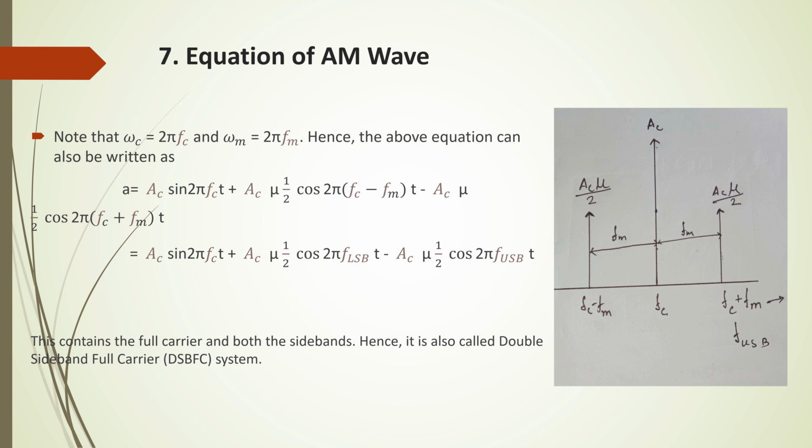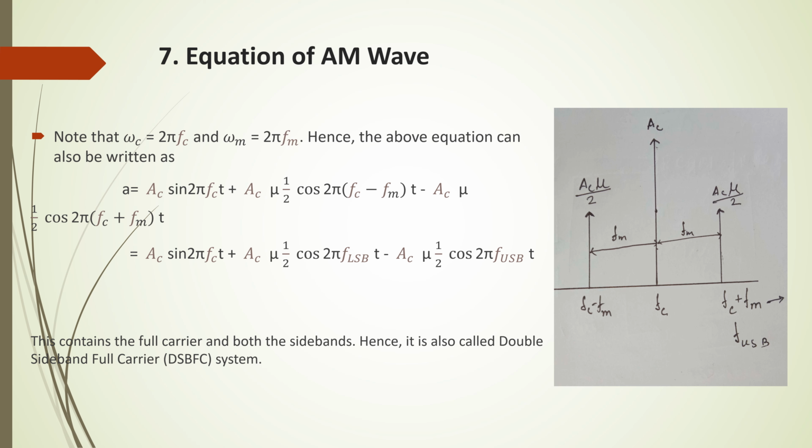Hence, the above equation can also be written as A = Ac sin 2 pi fc t + Ac mu/2 cos 2 pi (fc minus fm) t minus Ac mu/2 cos 2 pi (fc plus fm) t, that is, Ac sin 2 pi fc t + Ac mu/2 cos 2 pi f LSB t minus Ac mu/2 cos 2 pi f USB t.